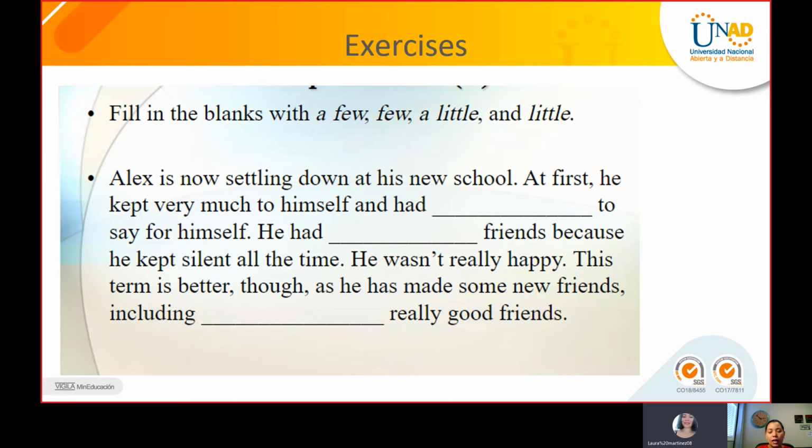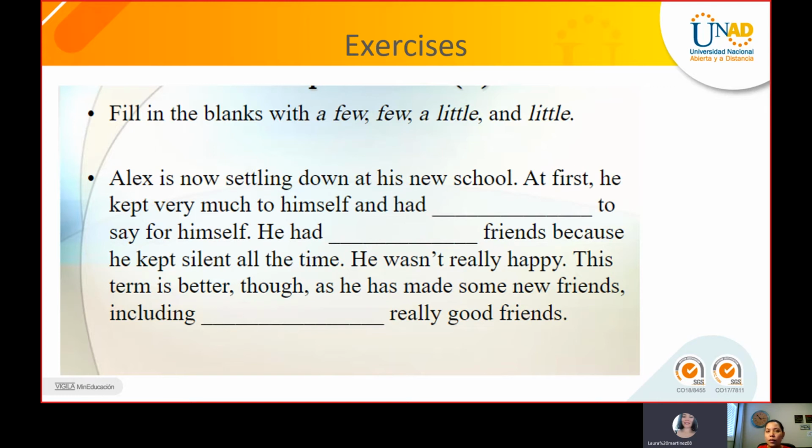Okay, now the next sentence. He wasn't really happy. This term is better, though. He made some new friends, including blank really good friends. Profe, una preguntita. La palabra después de better. Though.